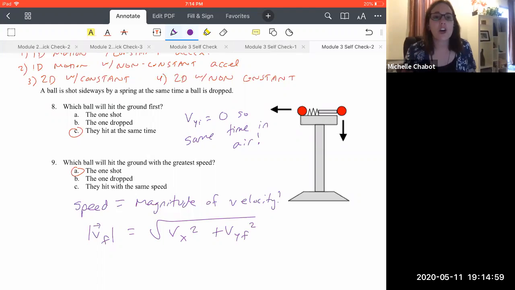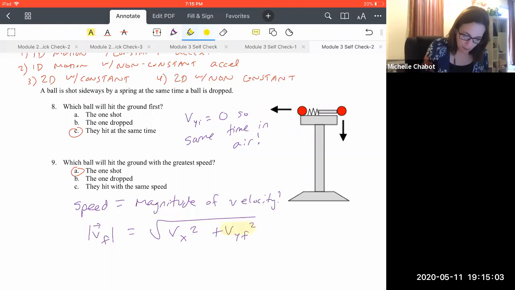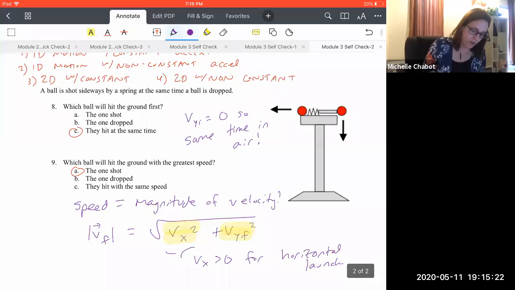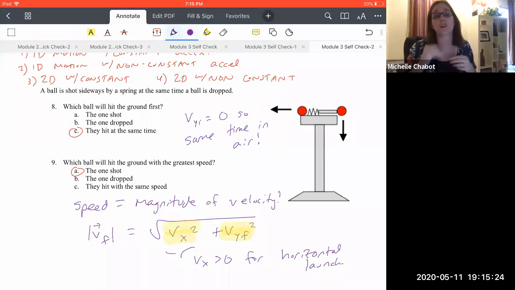So even though they're in the air for the same time, they will have the same v y final. Their final velocity in y will be the same. But the one that's shot horizontally has v x greater than 0 for the horizontal launch. So therefore, the speed of the one shot horizontally will be larger because it has an x component to that speed.